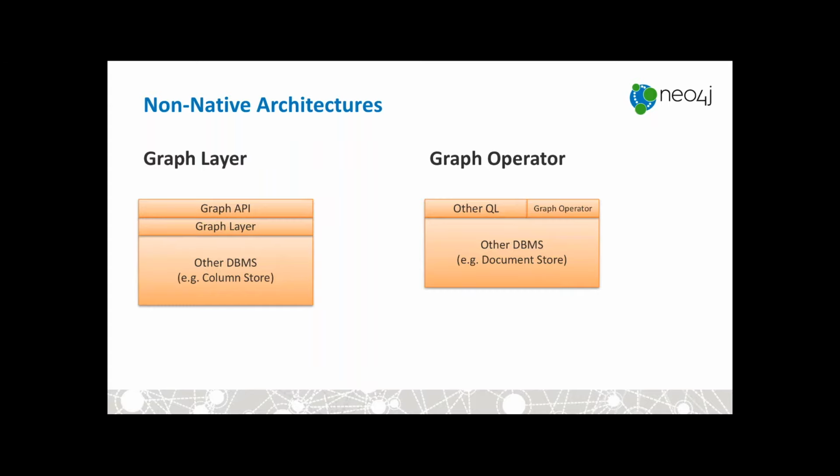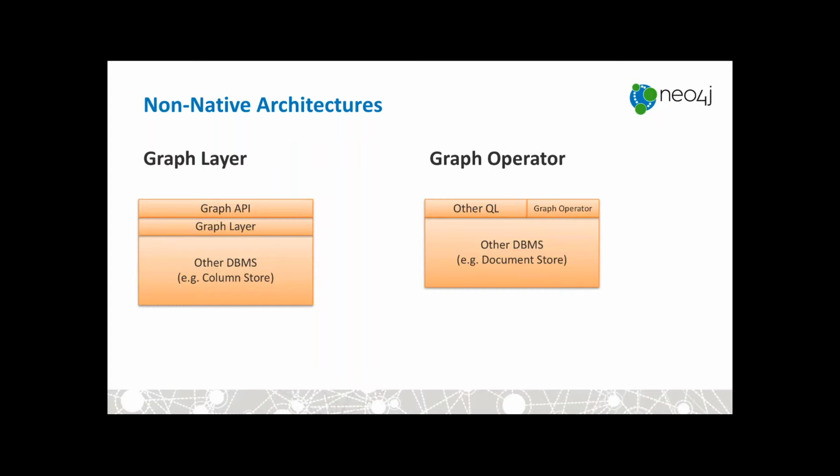So, the middle layer of the graph layer case has to do a lot of work, right? It has to do a lot of translation work between two quite distinct models. It has to worry about things like data safety, transactionality, it has to worry about locality and performance. And the underlying database actually doesn't provide any help there. It doesn't know that it's being used as a graph, so it merrily continues to do its existing model things.